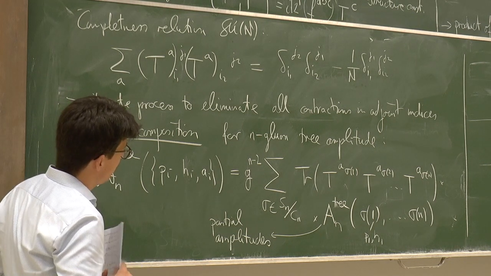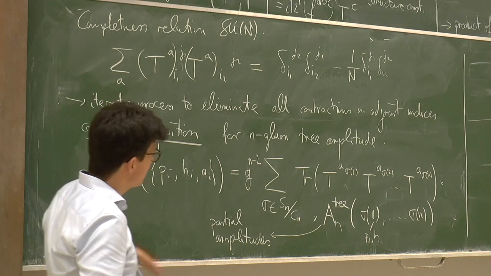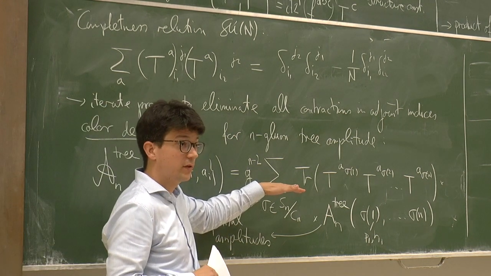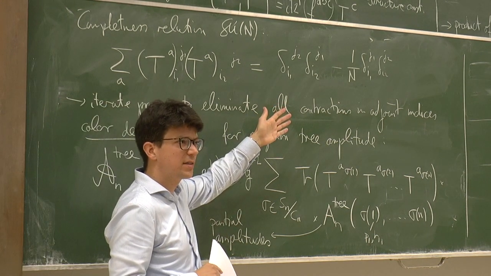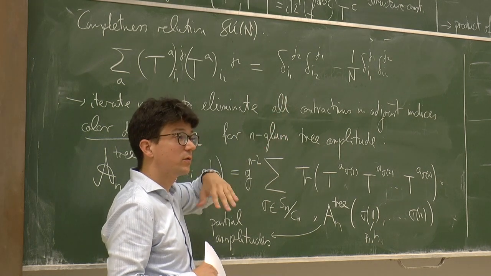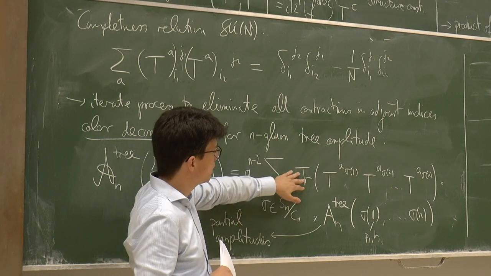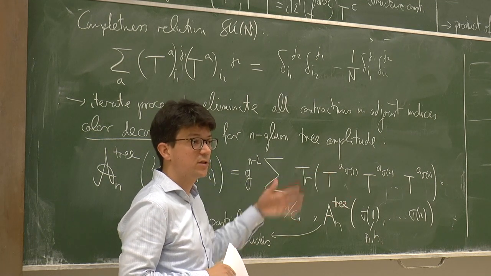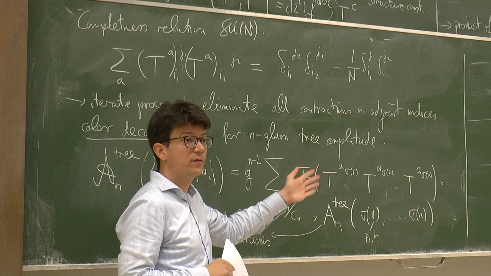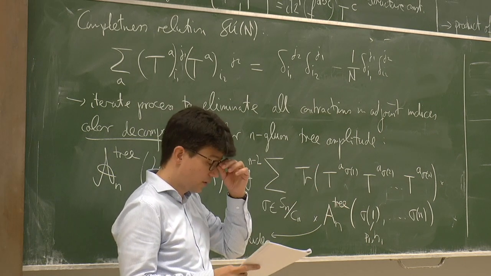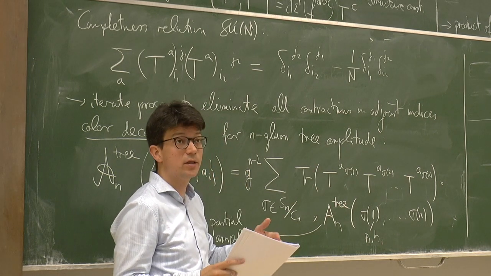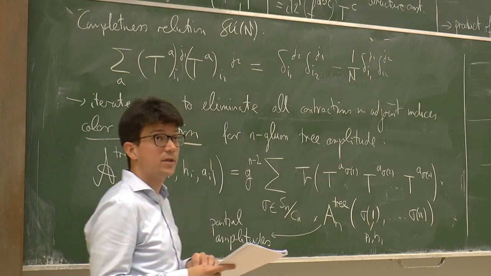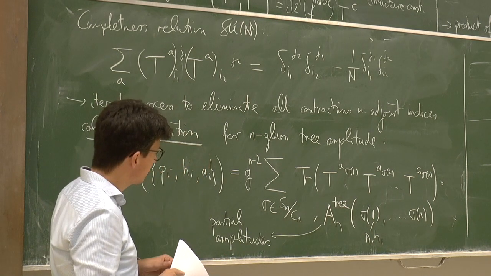So a couple of comments. I told you this is the general formula at tree level. You can go through the same argument at loop level, where the difference would be that you can not only have single traces, but also multiple traces. So there's a generalization of this formula where you'd have another term also with double traces, and in general multiple traces. But as far as we're concerned, for tree level, this is enough.